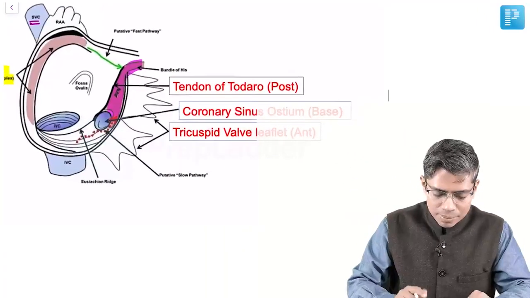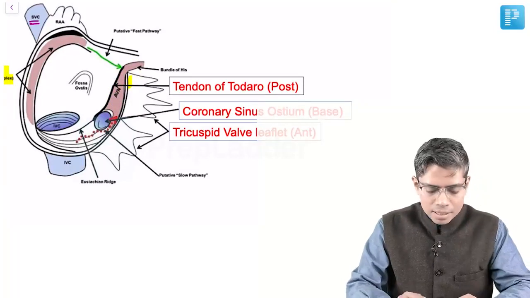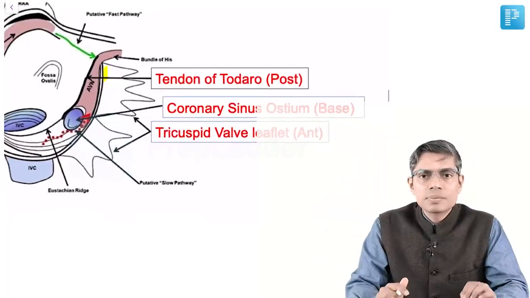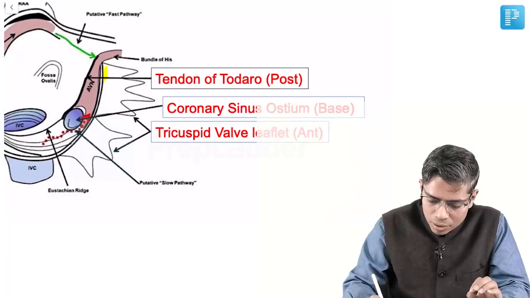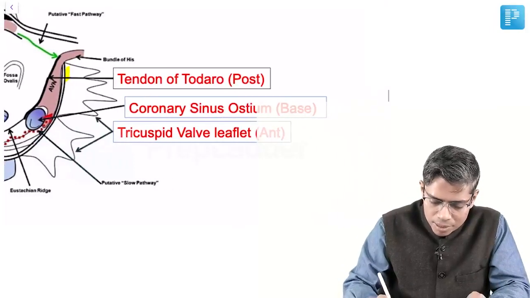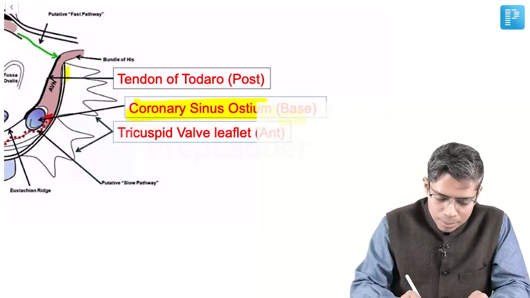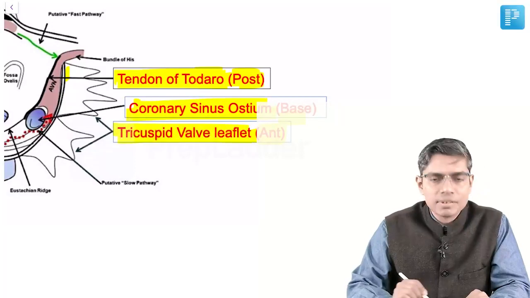And if you look at the AV node, where is it located? It is located inside a triangle. This triangle is formed by, obviously, boundaries will be there. So the base of this triangle is formed by the coronary sinus ostium. The posterior boundary of this triangle is formed by the tendon of Todaro, and the anterior boundary is formed by the tricuspid valve leaflets.